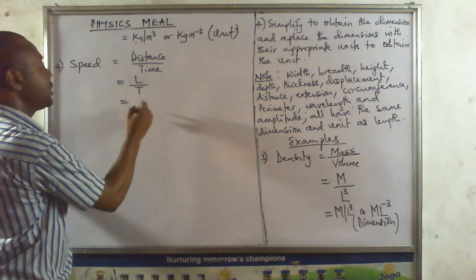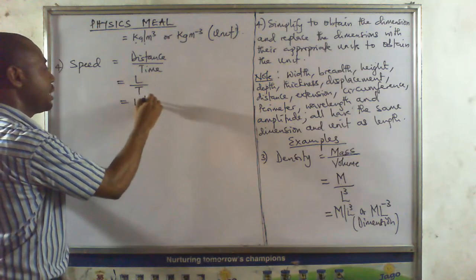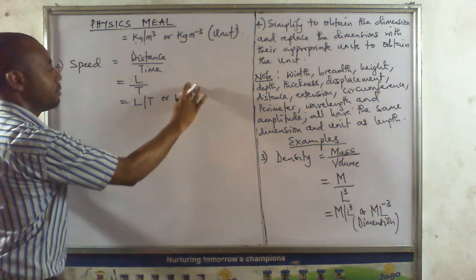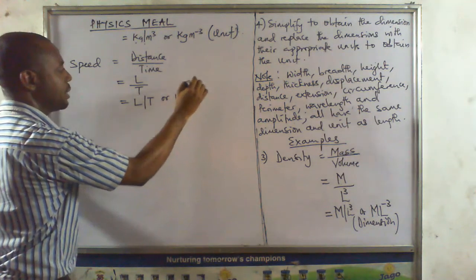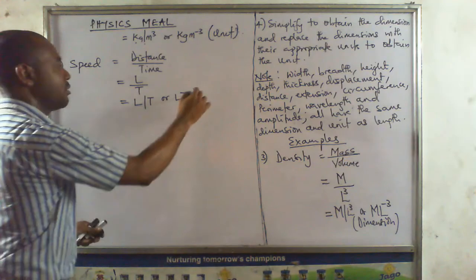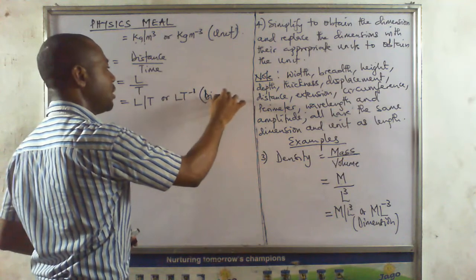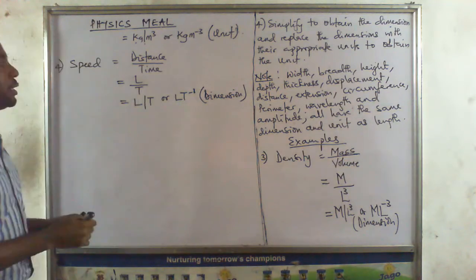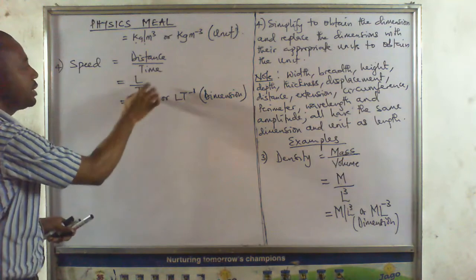I can write this as length per time. Okay, beautiful. This is now the dimension of speed. You can still leave it like this, length over time.